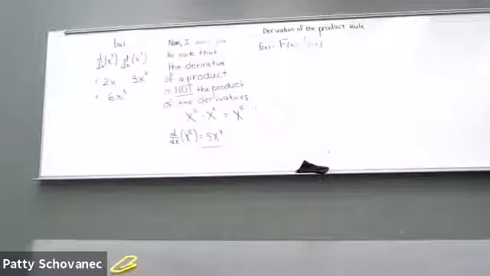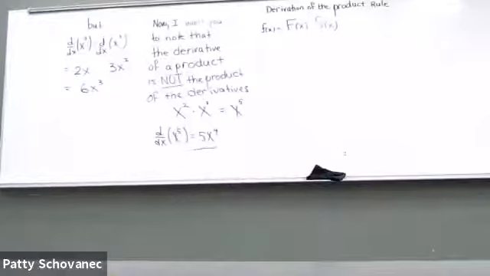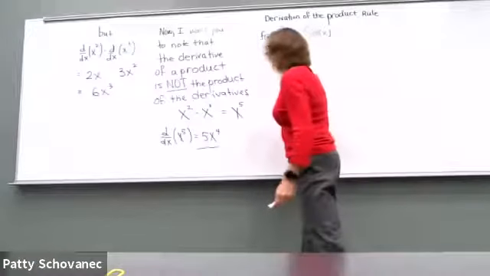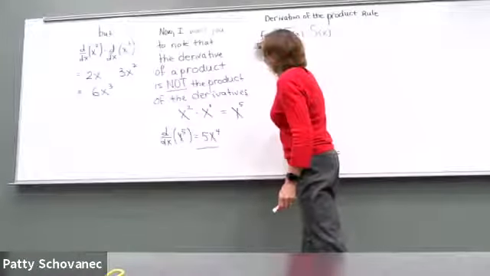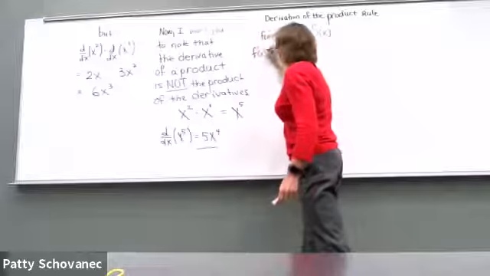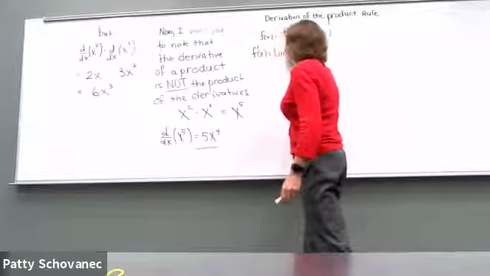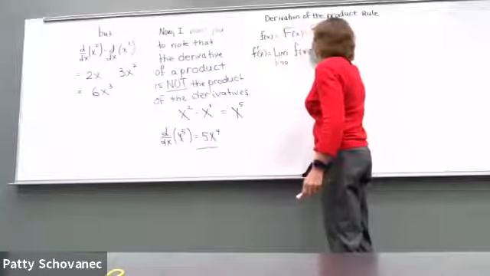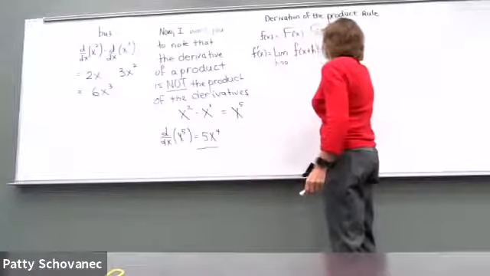And now I'm going to write out the definition of the derivative for that particular expression. The definition of the derivative says that the derivative is equal to the limit as h goes to 0 of f of x plus h minus f of x over h.